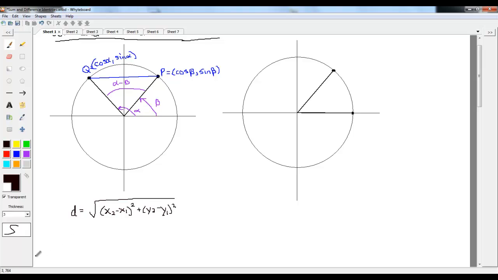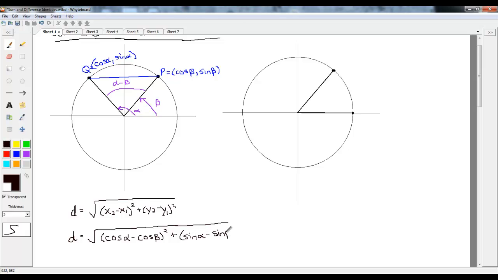So in our case, the distance is the square root of, well, x2 would be cosine alpha, x1 would be cosine beta. So cosine alpha minus cosine beta squared plus y2 minus y1, we got sine alpha minus sine beta squared.